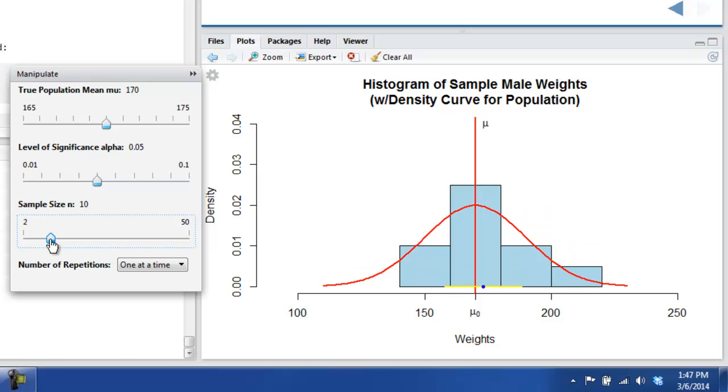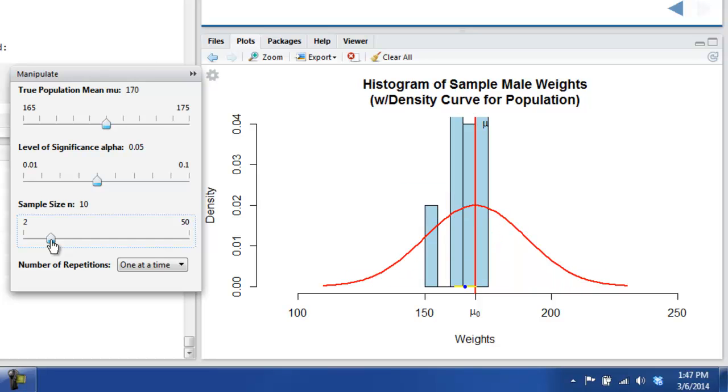As you go along, you'll notice that most of the time, you don't commit a type 1 error. The null hypothesis is true, but most of the time your confidence interval contains mu naught, and the p-value is bigger than 0.05, and you fail to reject the null.